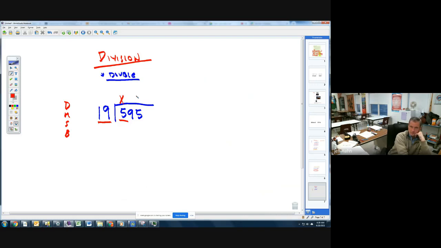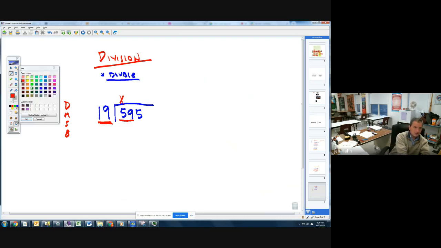But here's where things get a little tougher. So now you know that 19 does go into 59, but the question is how many times? And the book encourages you, as do I, to figure out the close number. It doesn't work 100% of the time, but most of the time it will.